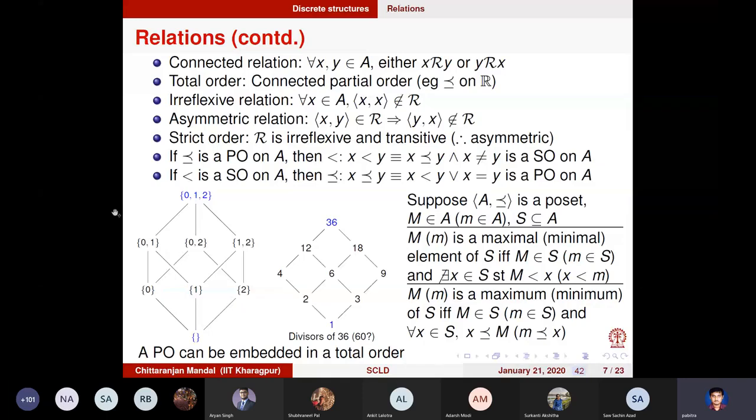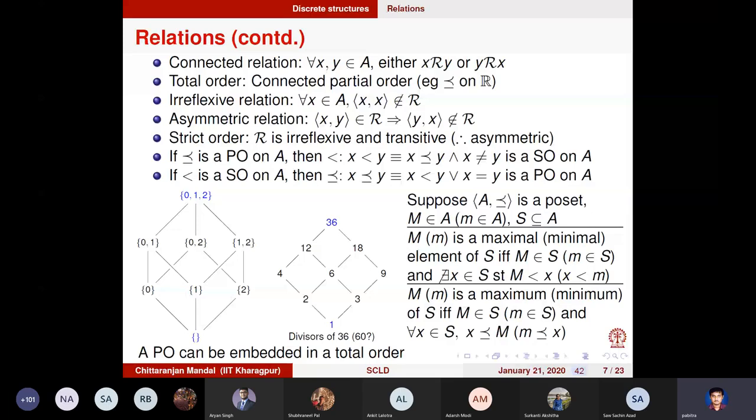Note this difference between the maximal and maximum. Maximal is when you consider a strict order and there is nobody which is strictly greater than it, and similarly less than the minimal. Whereas maximum is defined in a slightly different way.